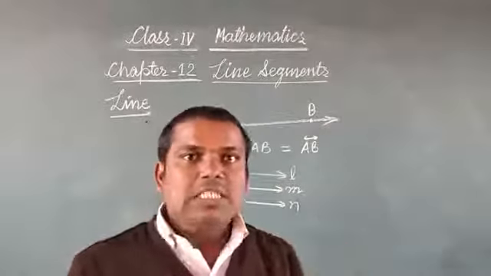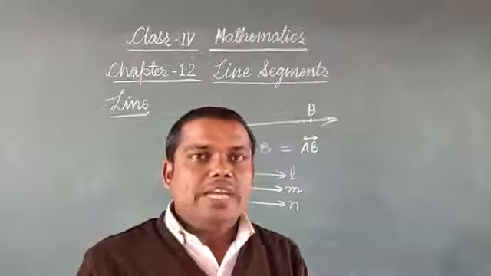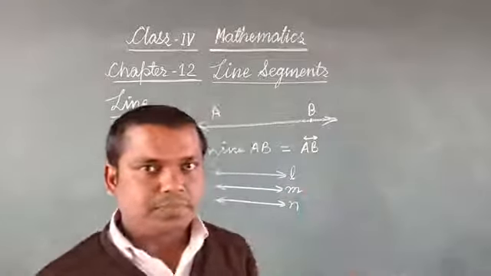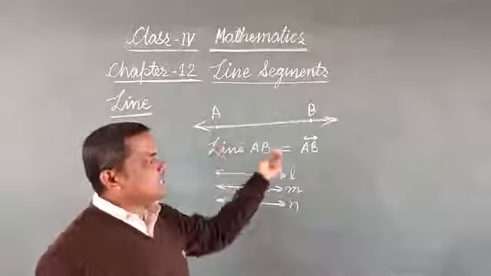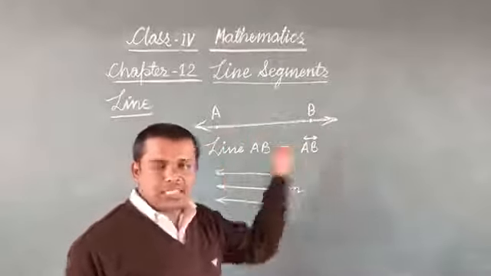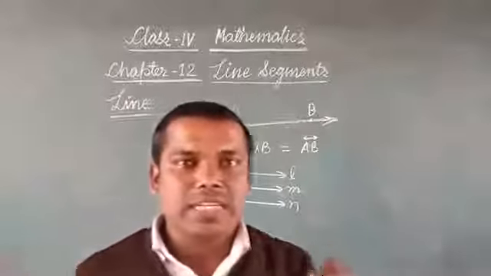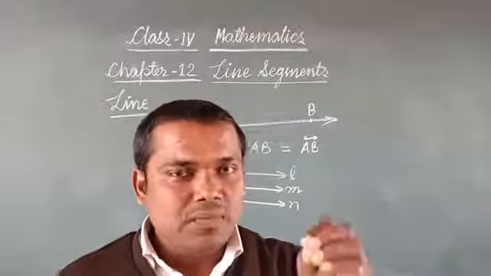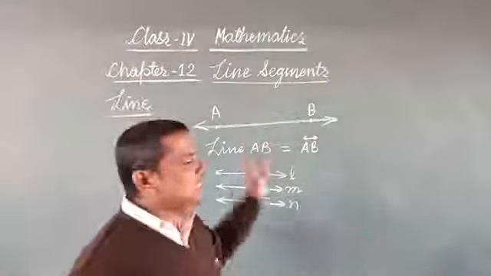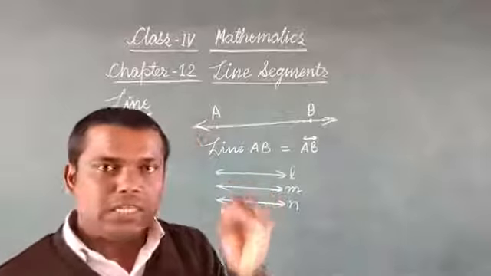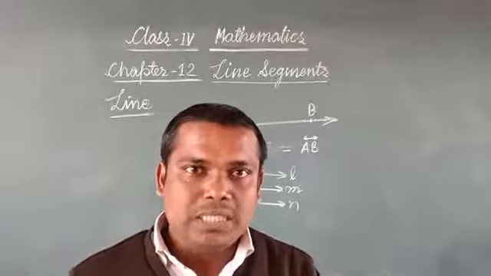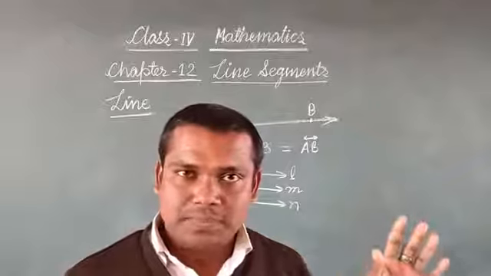The second point is, a line does not have any end point. As you are seeing, it can be extended in both directions endlessly, so it does not have any fixed point. It has length only. It has no breadth, no height, no thickness.